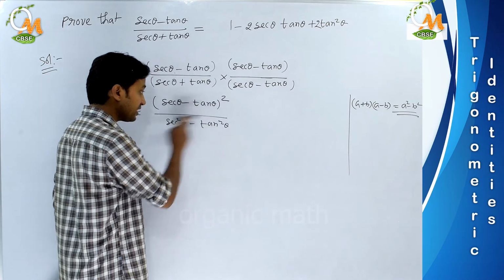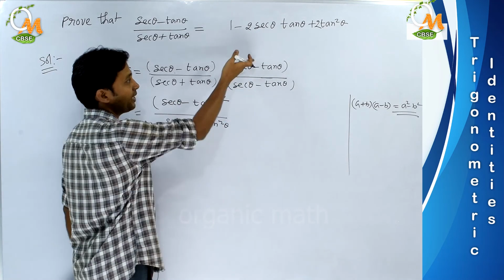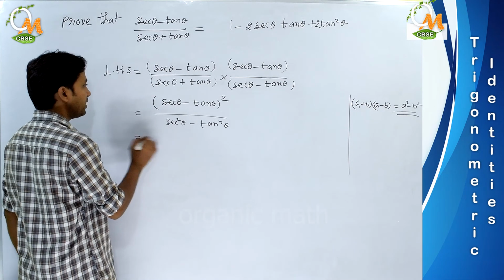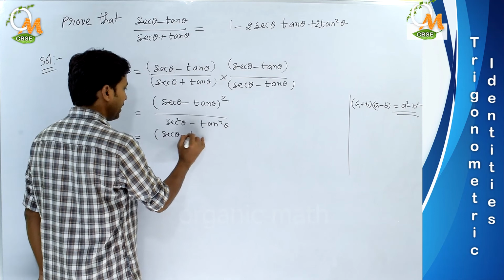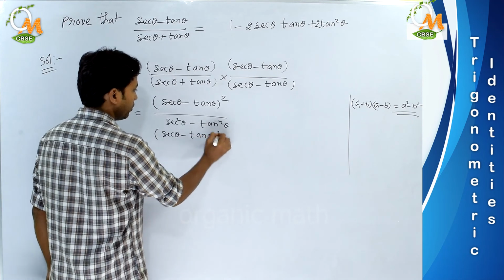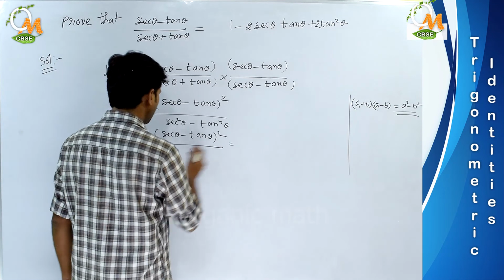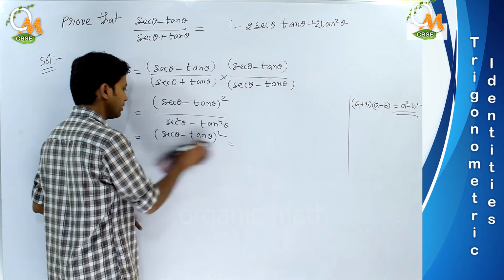Because of this reason, I multiplied with secant theta minus tan theta in numerator and denominator. So now the value is (secant theta minus tan theta) whole square upon 1, which is equal to (secant theta minus tan theta) whole square only. We don't need to write the 1.